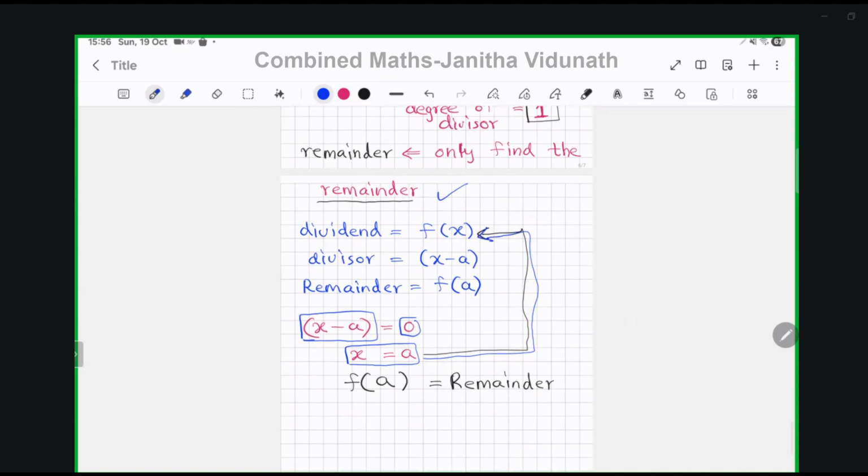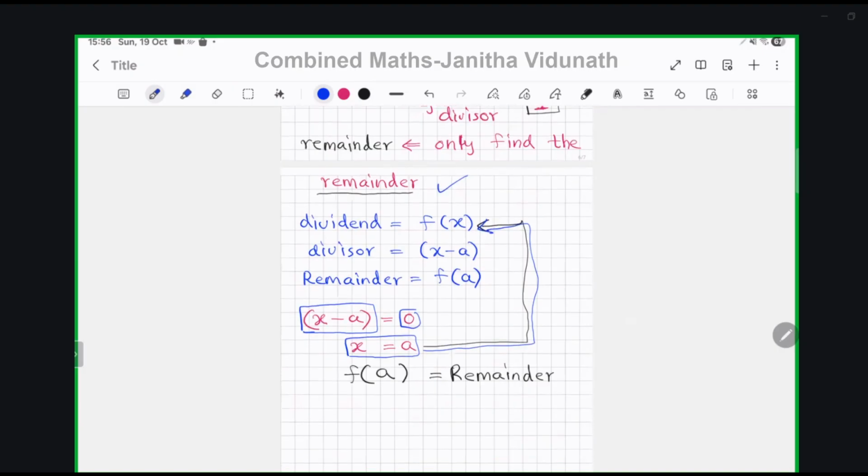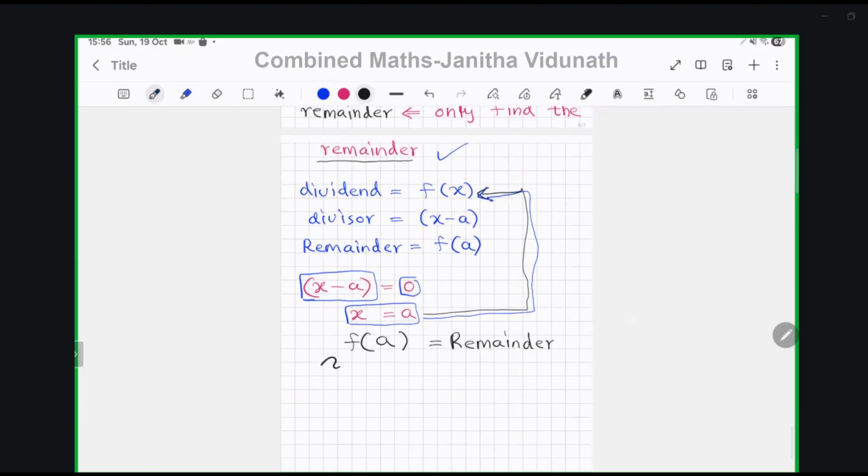Okay. Let me repeat some examples for you all. Let's say we have a function f(x), and we are going to divide it by x minus 2. Now we need to find our remainder.